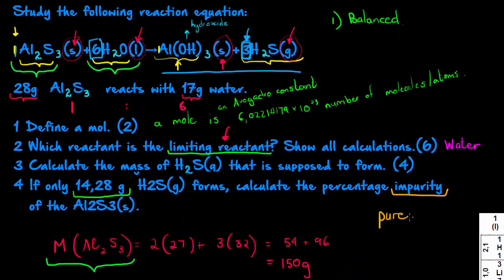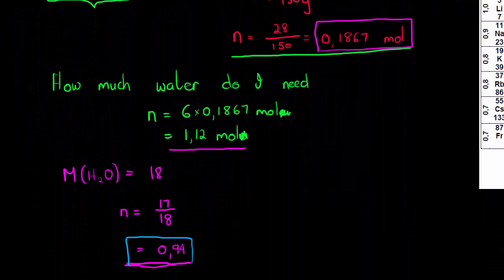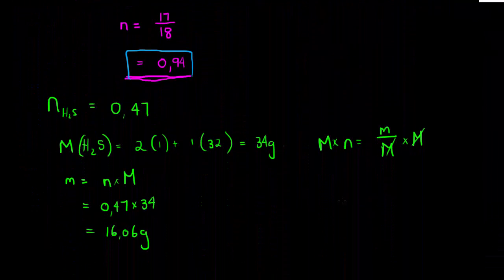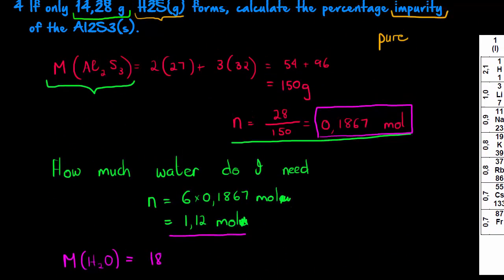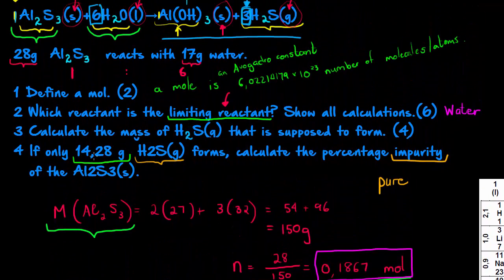But as it stands, if only 14.28 grams of H2S forms, it is clear that this reaction has not fully completed, because it would be completed if this much mass is produced. We can see that 16.06, we can see only 14.28 grams is produced.